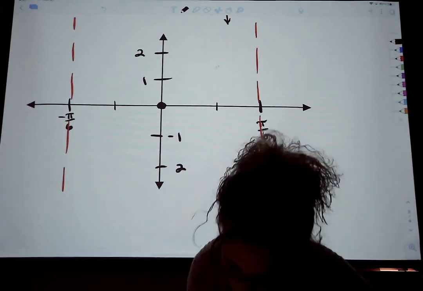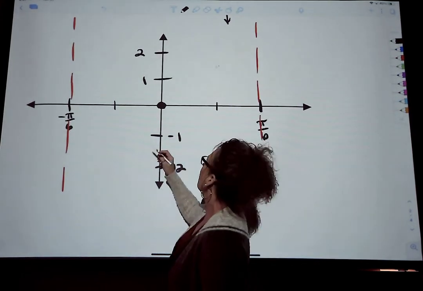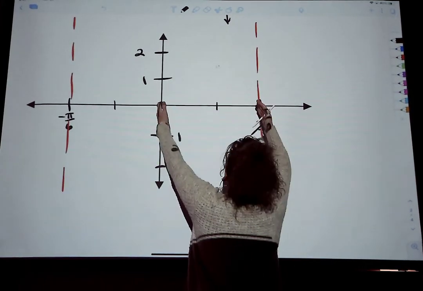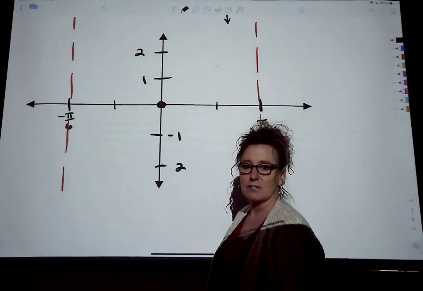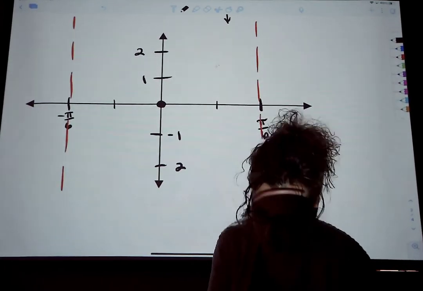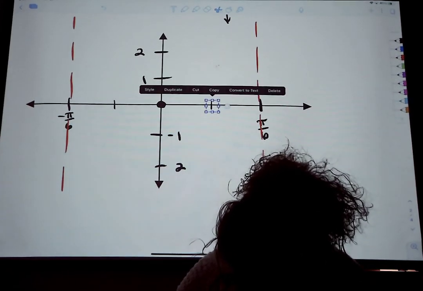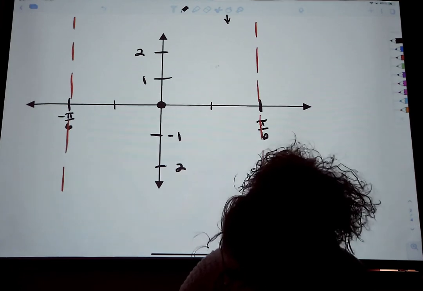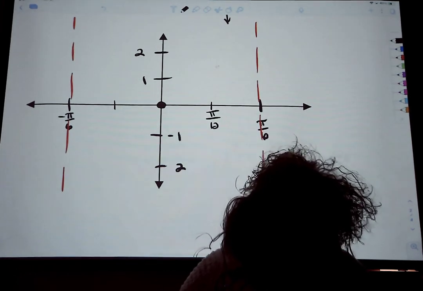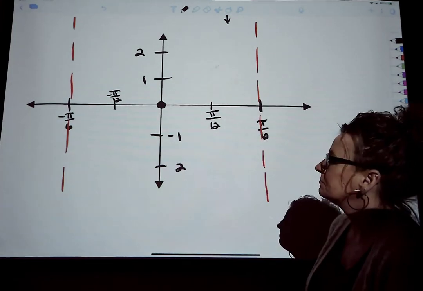Ooh. This is the last challenging thing I'm going to ask you to do today. What is halfway from 0 to pi over 6? So what's half of pi over 6? I went a little too far. It's pi over 12. Pi over 12 and negative pi over 12.